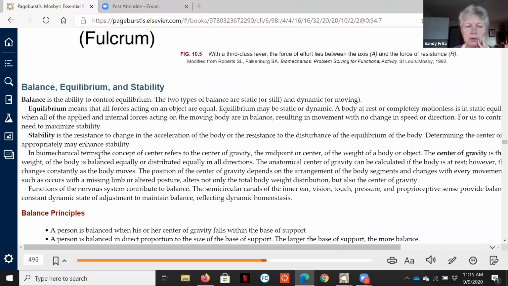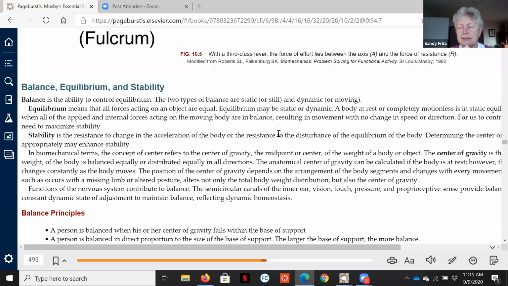This is more important in terms of how we actually function: balance, equilibrium, and stability. We have to have stability. Our joints have to have a level of continuity. They have to be firm enough so that we actually can balance. I think of standing on one foot.